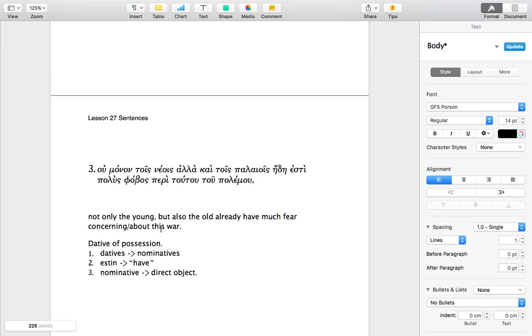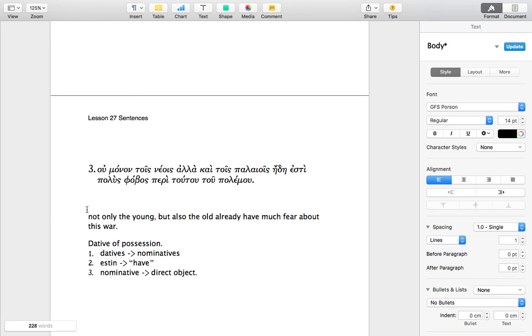Right, it's something well known at this point. So I would translate it this war, something that they're at least talking about. It doesn't need to be nearby in proximity, but at least well known. And then you can choose if you want concerning or about for Peri. Probably about is how we speak in modern day English. So there you go. Not only the young, but also the old already have much fear about this war.